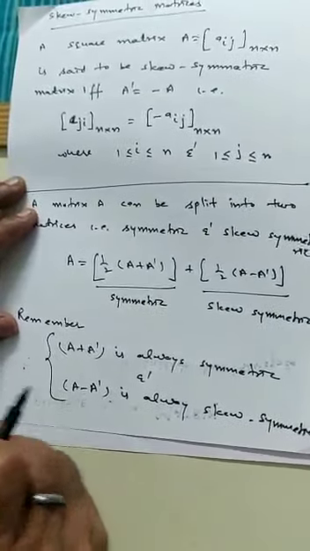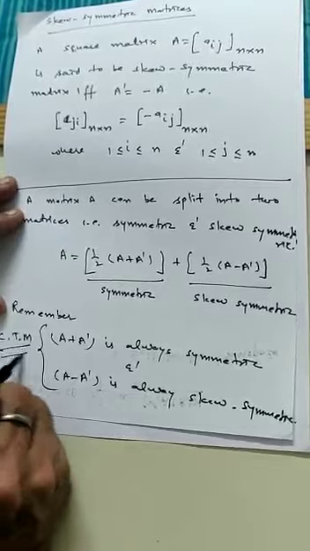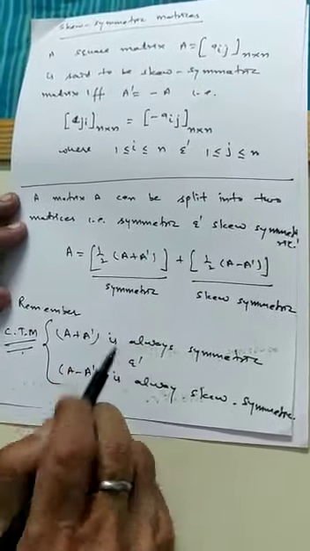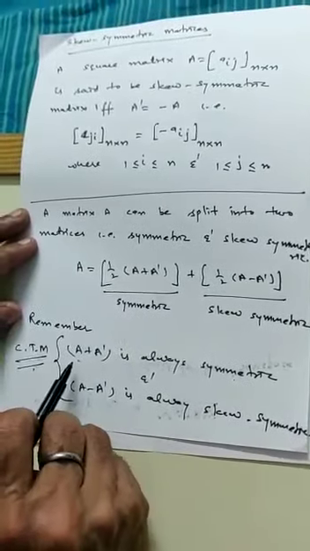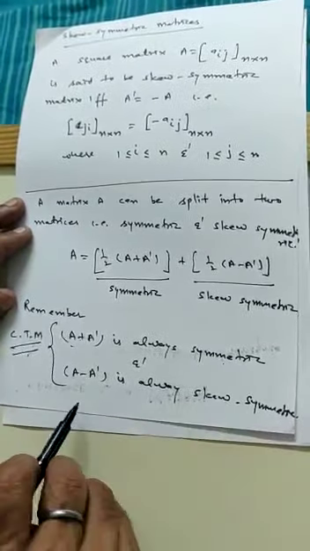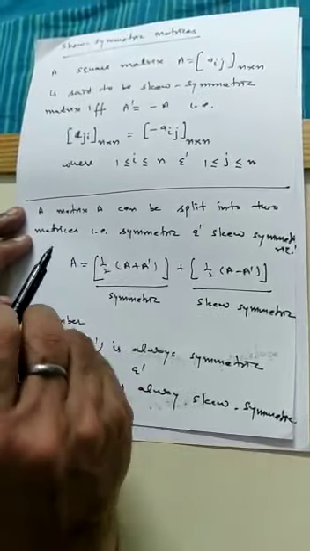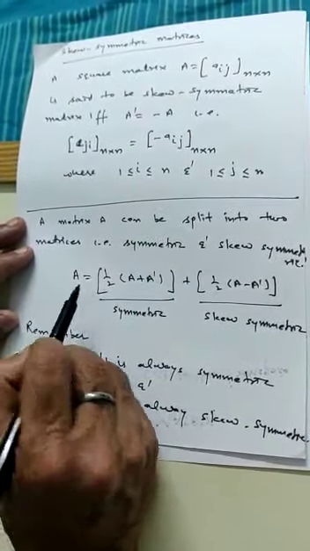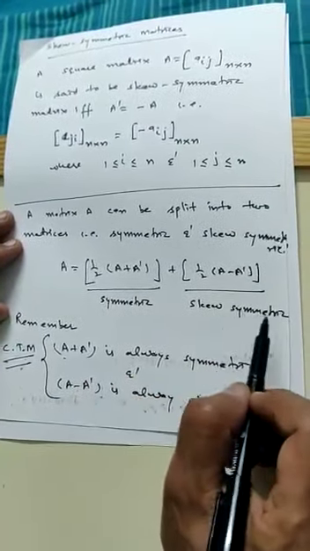These are the two things which have to be remembered. These are the two main properties of transpose, that A + A' is always symmetric and A - A' is always skew symmetric. We can write a square matrix A as two matrices, that is symmetric and skew symmetric matrix. This is all about today's transpose of the matrix.